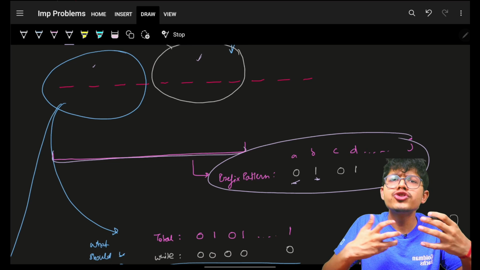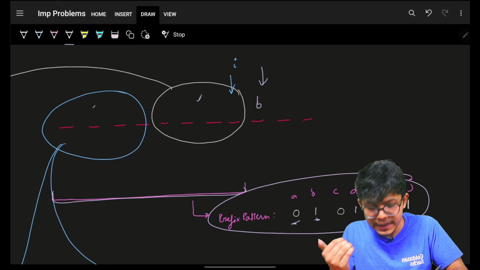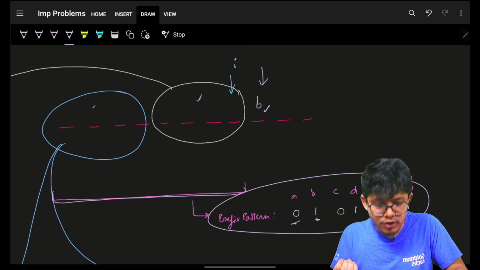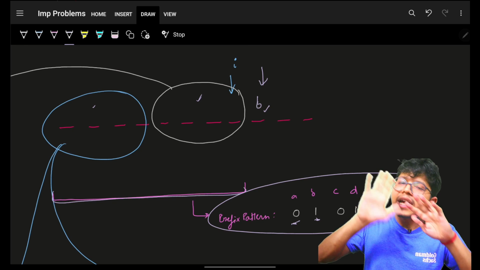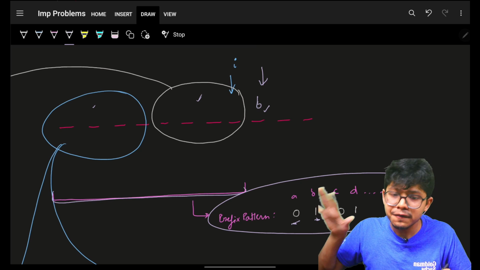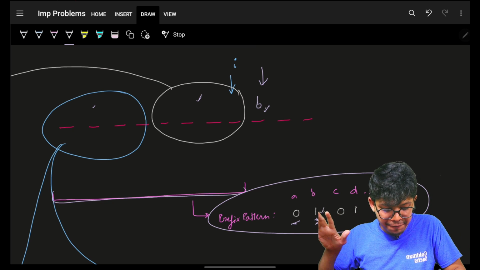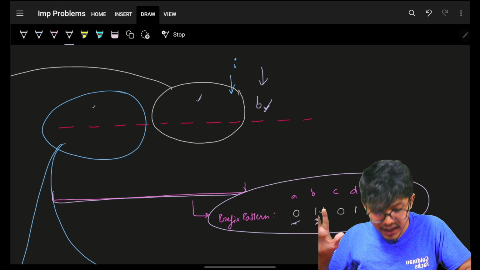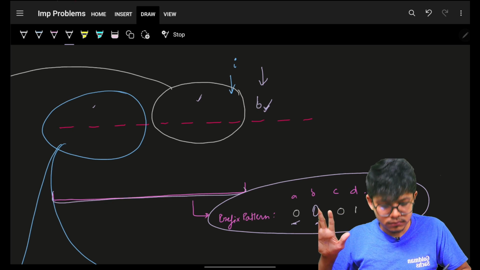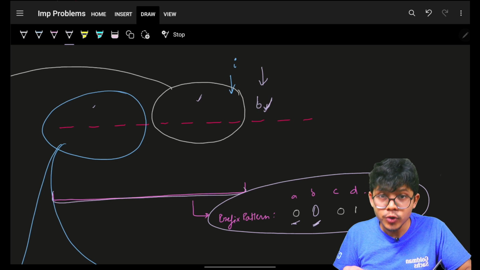And how to generate this? As soon as I go on to the next index, if I encounter a B again, whatsoever parity B's frequency would have been there, if I add a new B, if it was odd, it will become even. Or if it had already been even, if I add a new B, it will become odd.